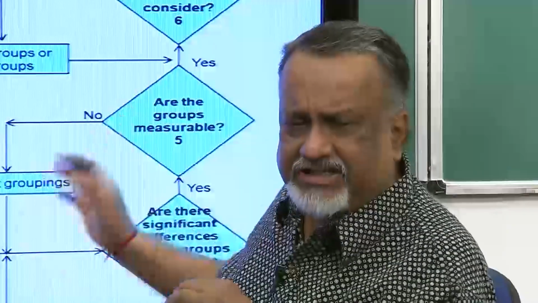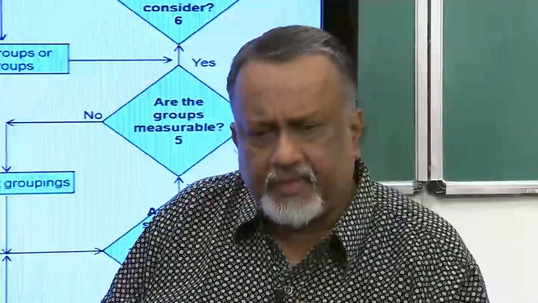So, that is, is this group measurable, and then we come to the decision whether this is a true segment in terms of addressability, availability to us, size, growth rate, and matching with respect to our product attributes and features, and so on.